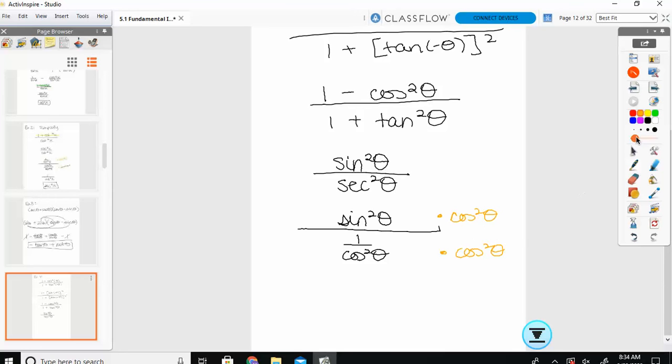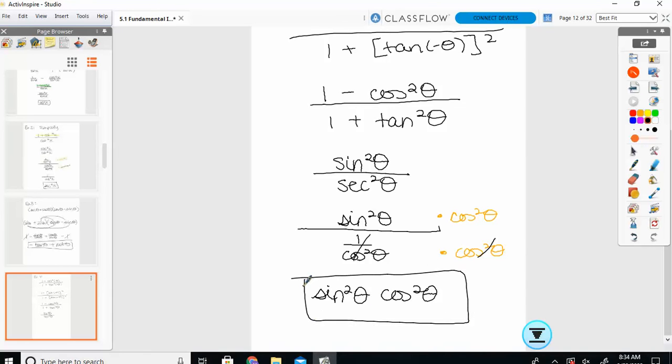So we could just multiply by cosine squared on top and bottom. So on the top, we have sine squared theta, cosine squared theta. On the bottom, what's 1 over cosine squared times cosine squared? 1. Those just cancel. So we could put over 1, but we don't have to. Because these are multiplied, sine squared plus cosine squared equals 1, but we don't have any identity for when they're multiplied. So that is our final answer.